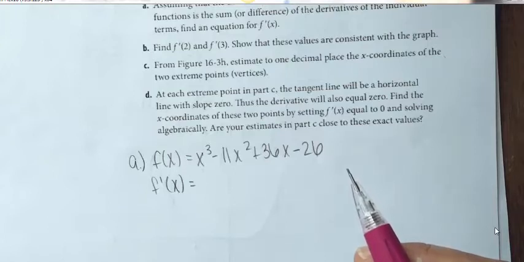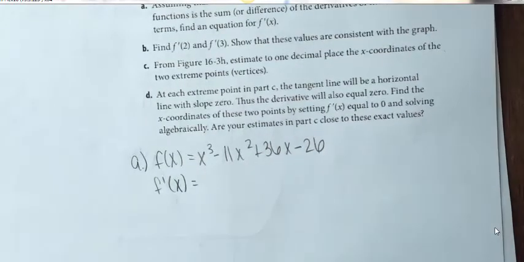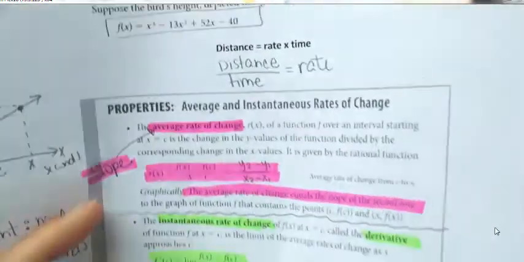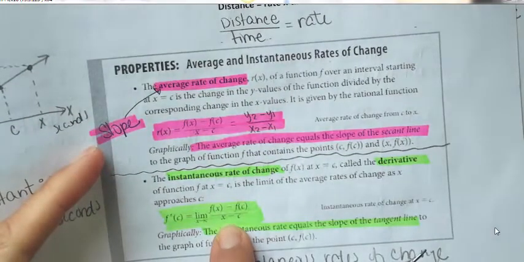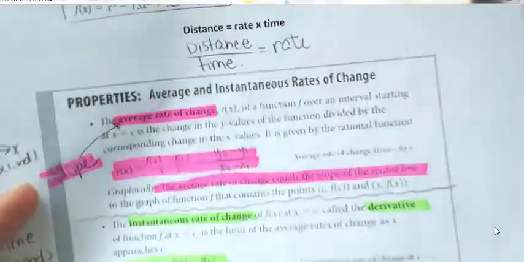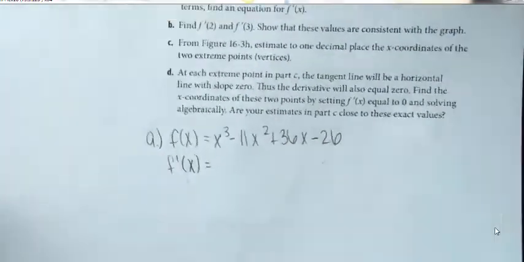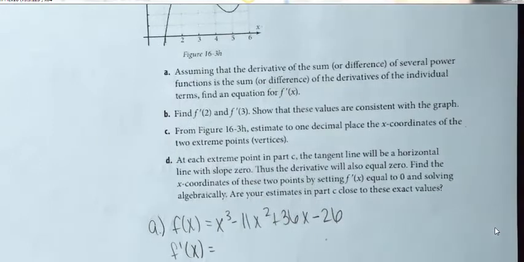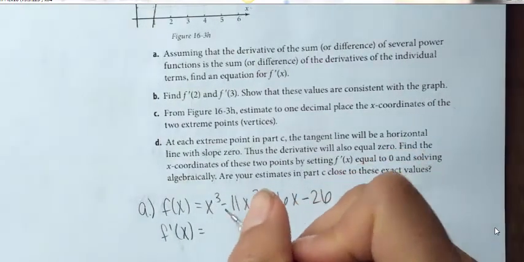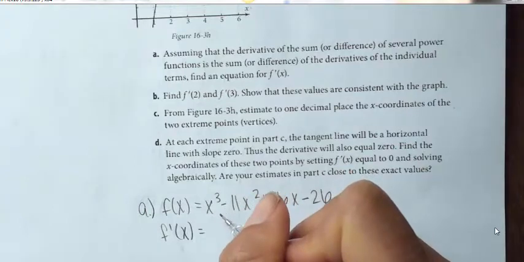You have to be familiar with all the different ways to get the derivative and what the definition of derivative actually means. Definition of derivative, once again, is this right here. But other times, if they don't specify, use the power rule. Right here, they're not telling me how to do it, so I'm going to use the power rule.